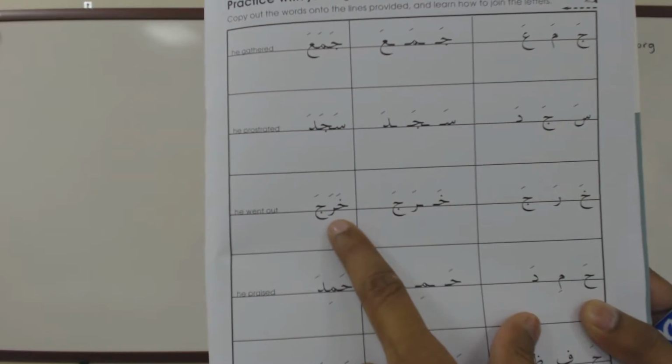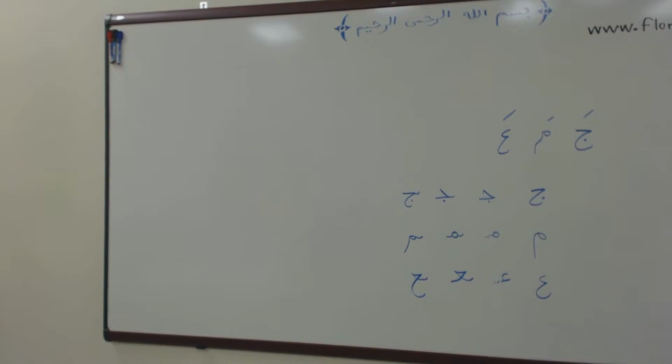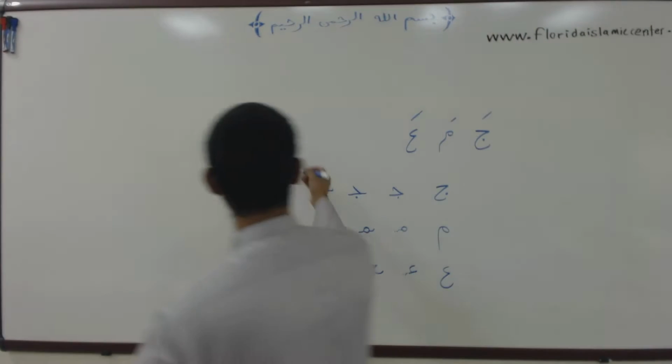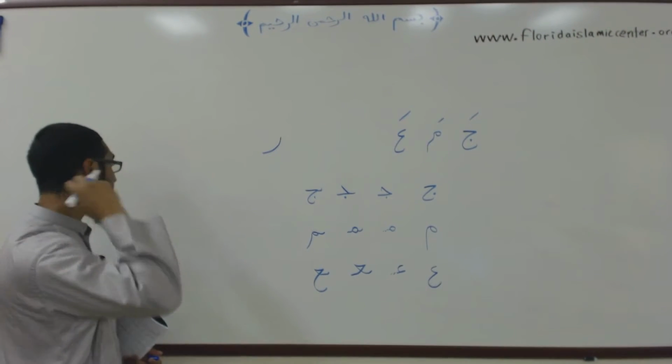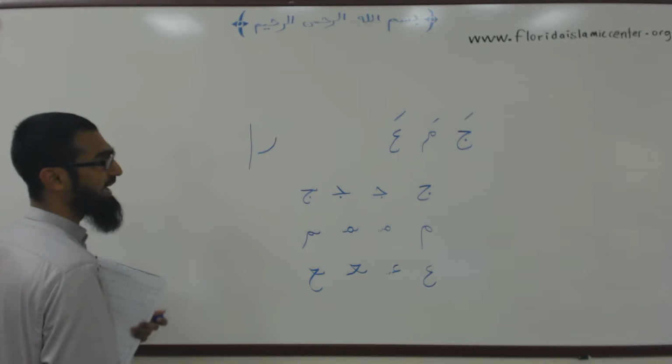Kharaja. I'm just asking you to repeat it, but I want you to see what it looks like when you join the letters. Now something you need to know is that the letter ra is one of those letters that nothing joins to the left of it, or to the end of it.